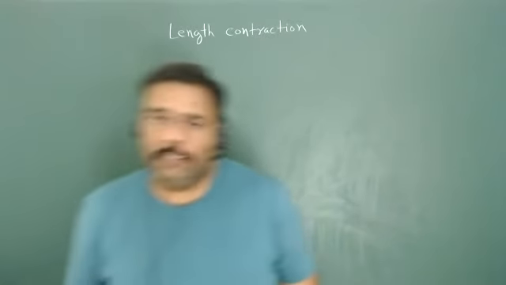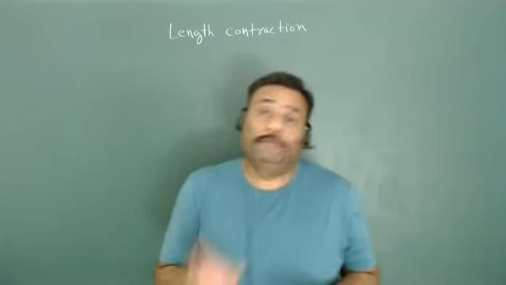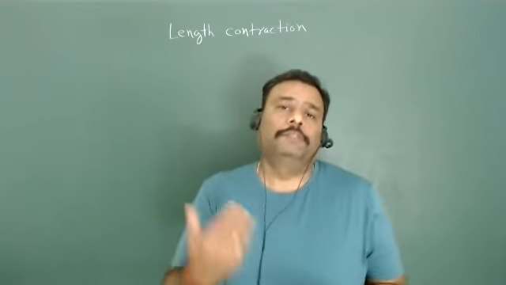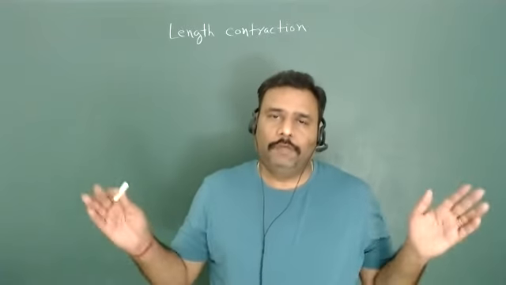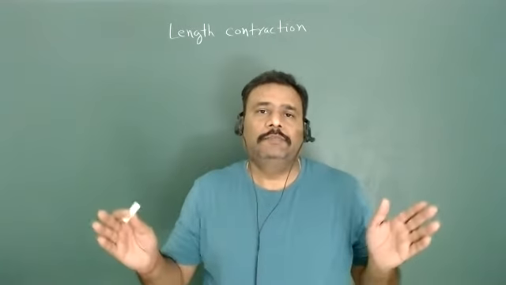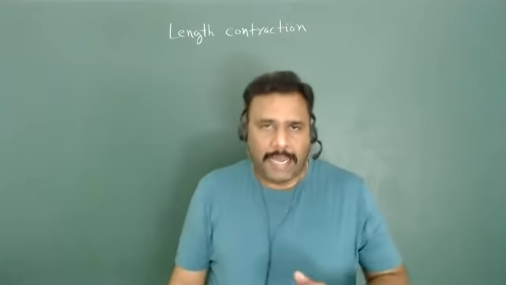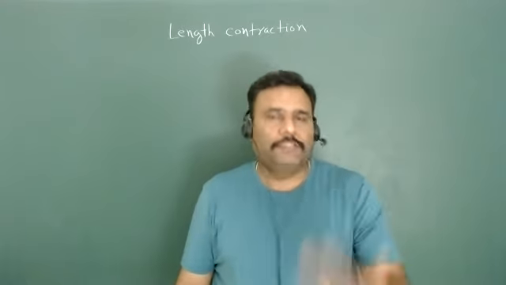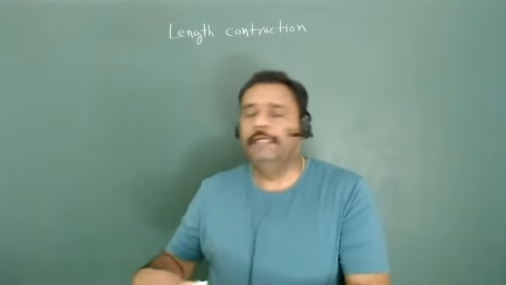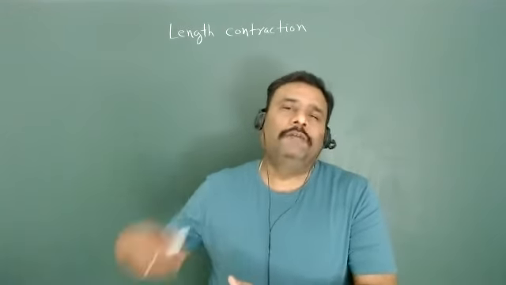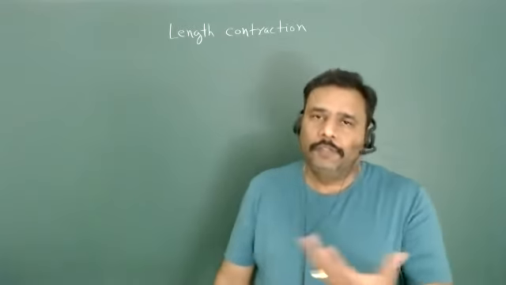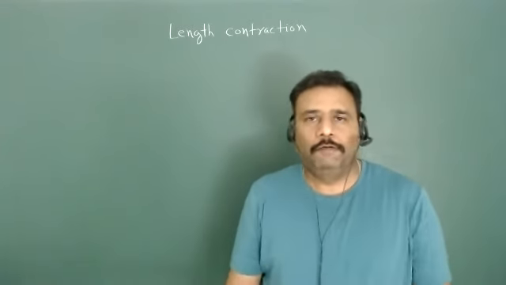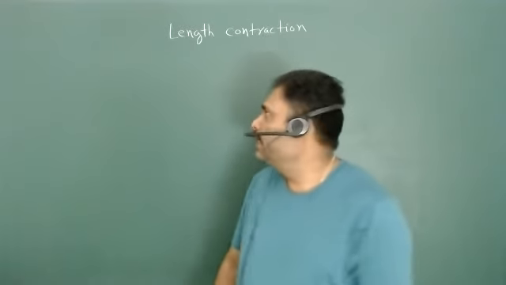If there is relative speed between the rod and the observer, then the observer will always see the length measured to be contracted. This phenomenon is very efficiently explained in the special theory of relativity. So what is the idea?